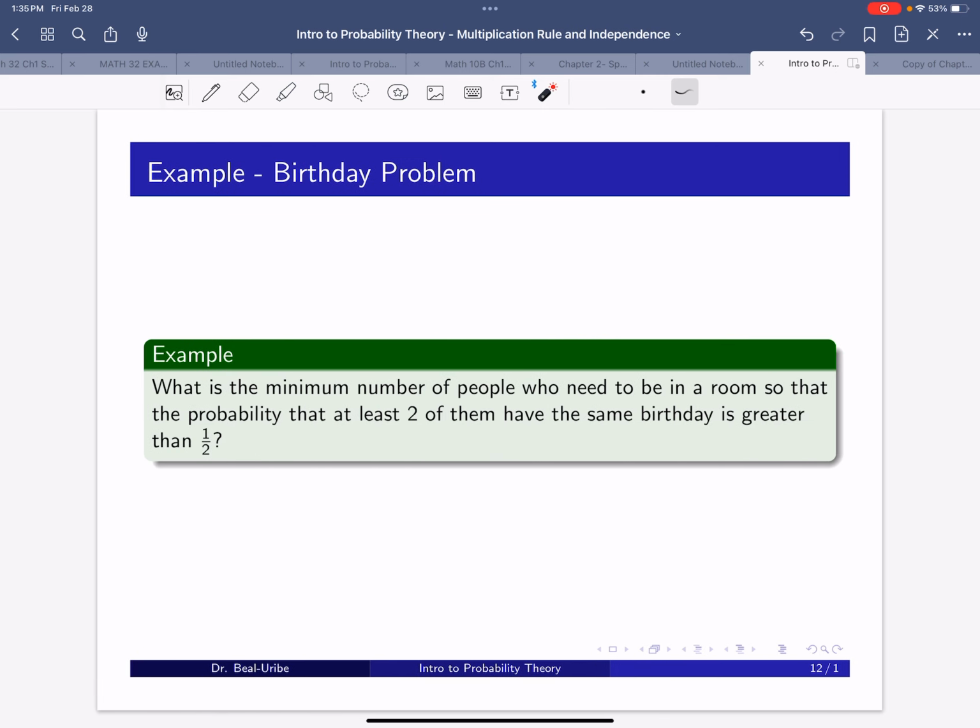And the last problem we want to do, we'll do this one. This is a birthday problem. This is kind of a famous example, so we want to make sure we cover it. The question is, what's the minimum number of people needed to be in a room so that the probability that at least 2 of them have the same birthday is greater than 50%?